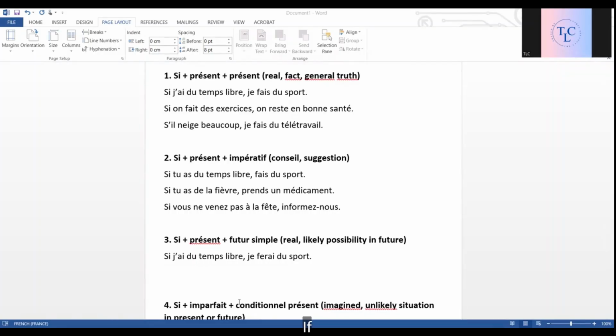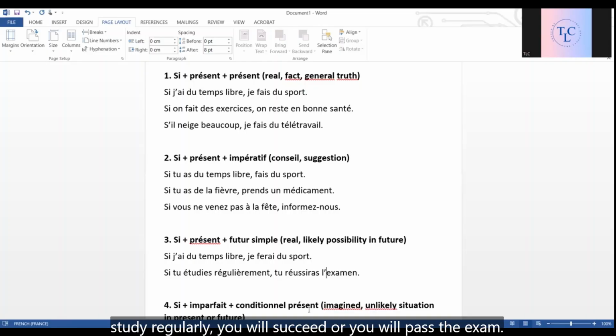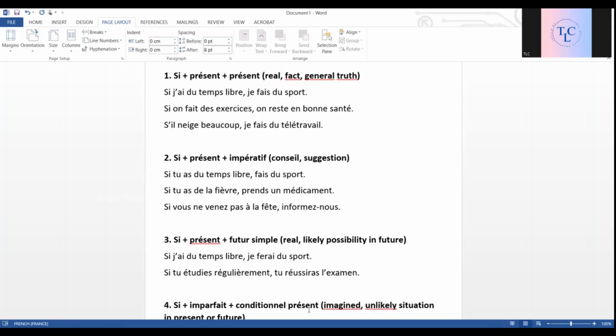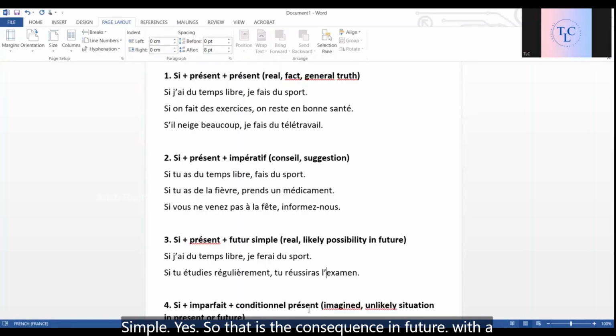Another example is si tu étudies régulièrement, tu réussiras ton examen, or l'examen. If you study regularly, you will succeed, you will pass the exam. So that is the consequence in the future with a condition in the present.